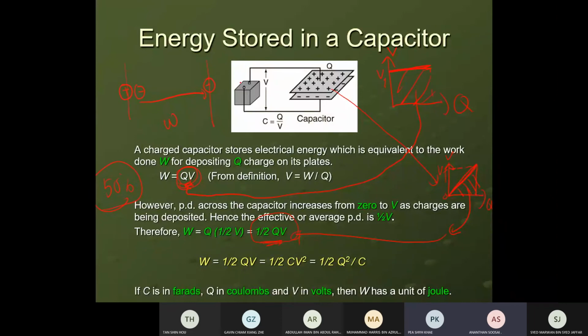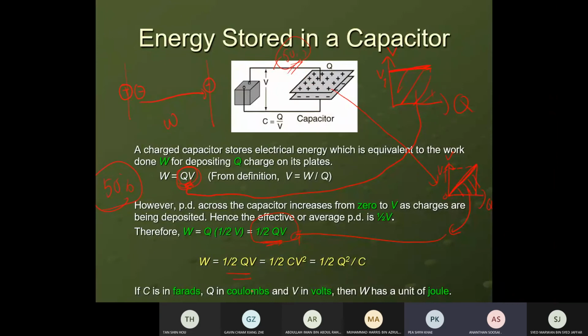Whenever charging a capacitor, there is only 50% efficiency. 50% is stored in the capacitor, and in the exam they will ask what happened to the other 50%. You say it is lost as heat energy in the connecting wires. Always 50% lost. Only 50% stored.